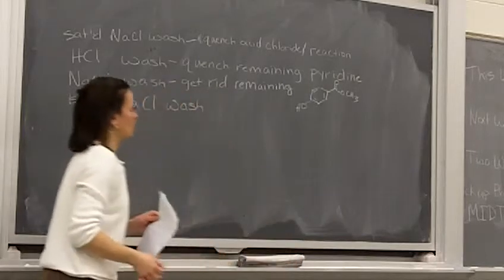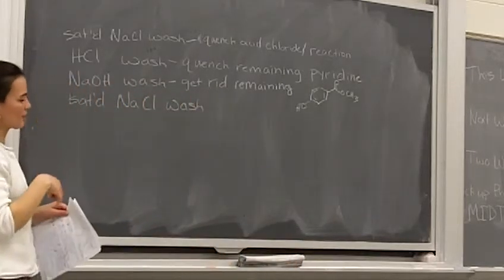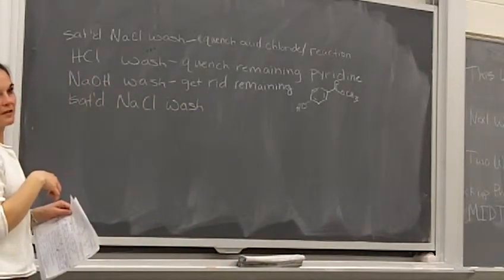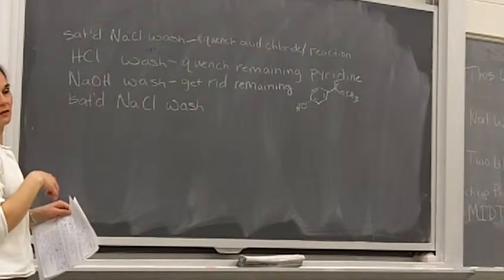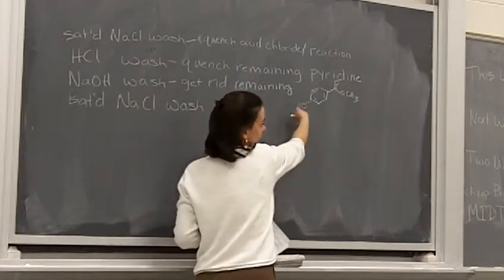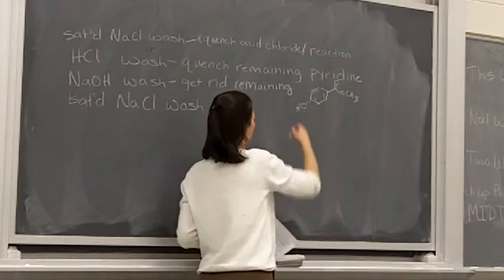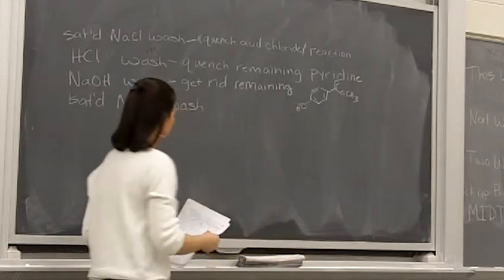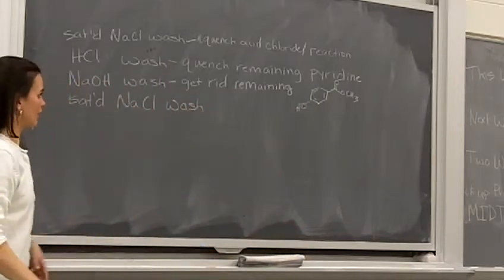So what do you think it's attacking when you're getting rid of it? What's going to be the most vulnerable part of that starting material? So you're going to deprotonate here, right, to make it water soluble. So we need it to get rid of any starting material.